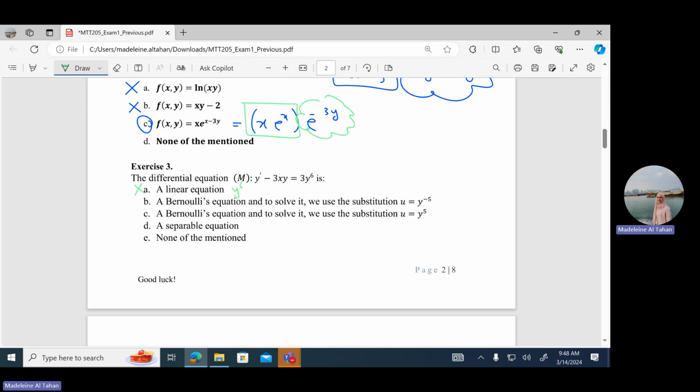How do we solve Bernoulli's equation? u equals y to the power 1 minus n. What's n here? So we switch substitution, y to the power negative. Okay, miss? So which one should we choose? Is it separable? Are we able to separate it?